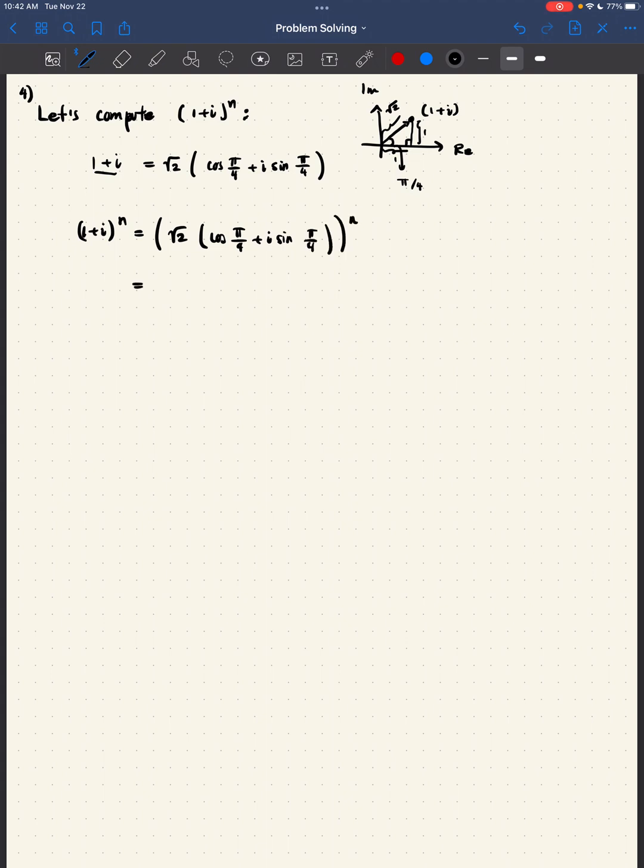But then from here, we just distribute, we have the square root of 2 to the power of n, and by De Moivre's formula, this becomes the cosine of pi n over 4 plus i sine pi n over 4.